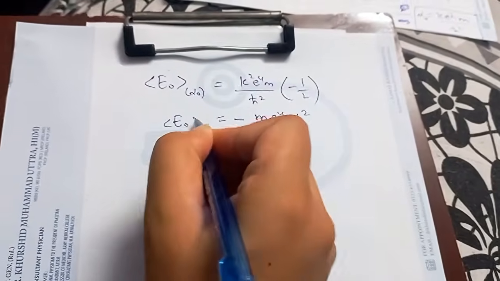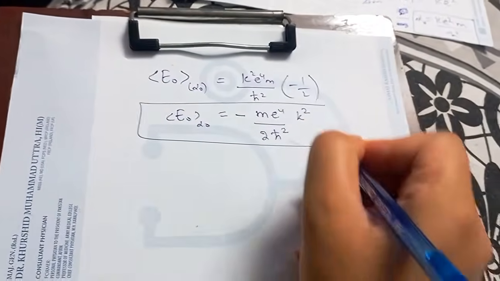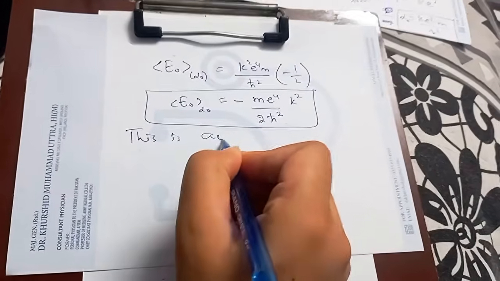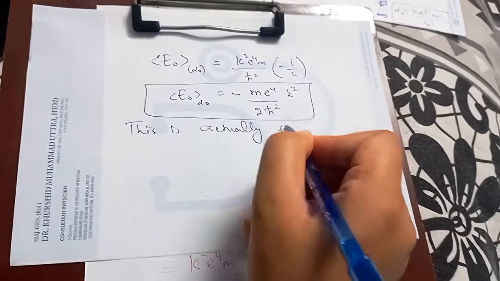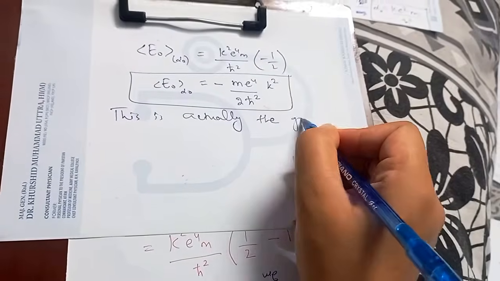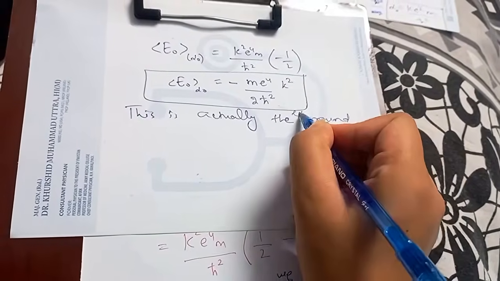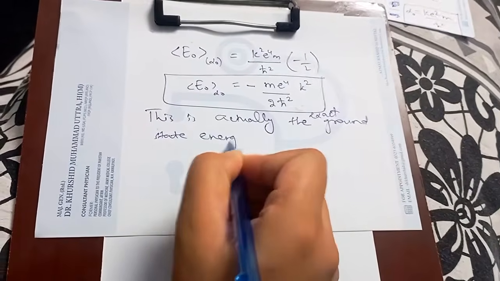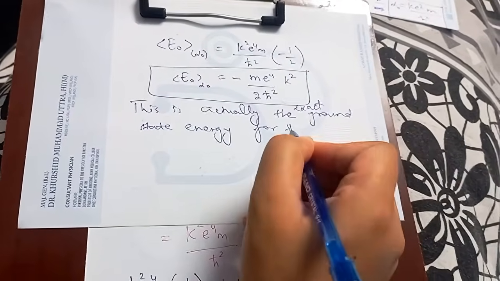This is the ground state energy of the hydrogen atom. This is actually the exact ground state energy for the hydrogen atom.